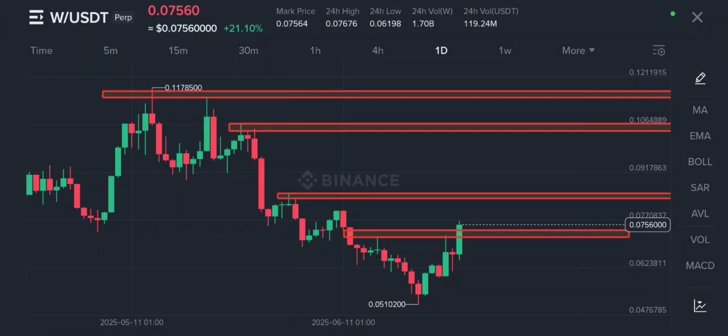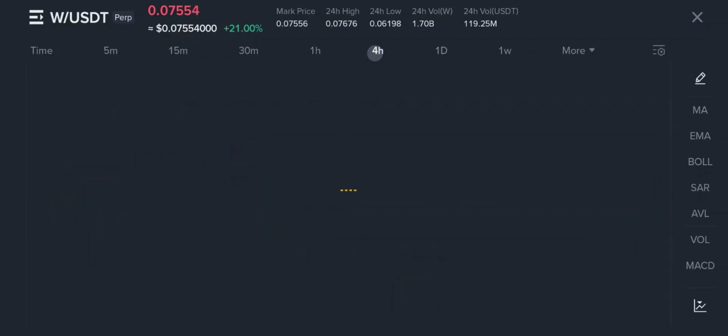Okay guys, on WUSDT, you can see that price really played into our point of interest and is breaking above our point of interest.